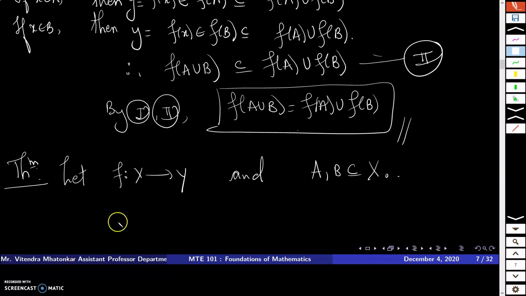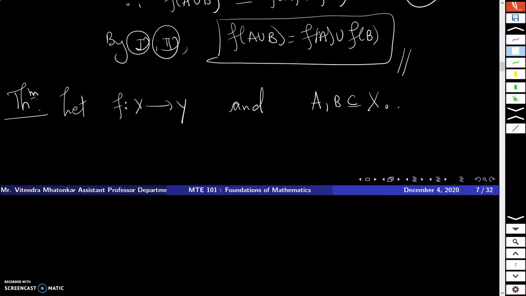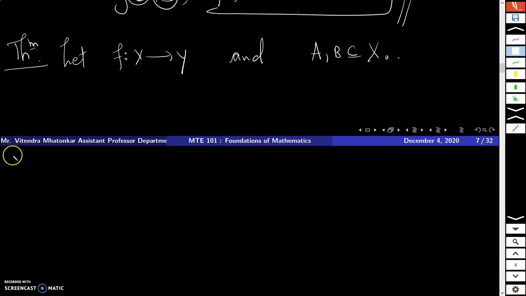Now we know that A intersection B is always a subset of A, right? So A intersection B is always a subset of A, and it is a subset of B as well.